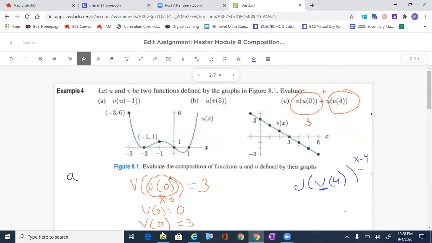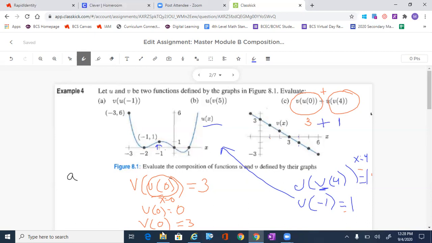So I'm going to put U of -1. Now I've got to move to this graph over here, U of x, and I put -1 in there. When I put -1 in, it gives me the outcome of 1. So this is equal to 1. I'm going to replace this with a 1.